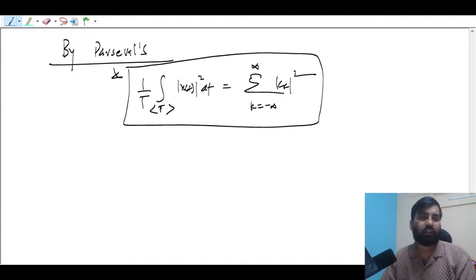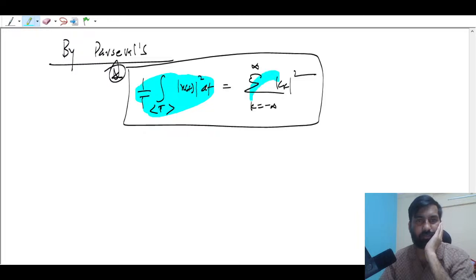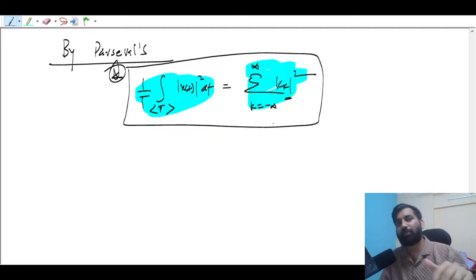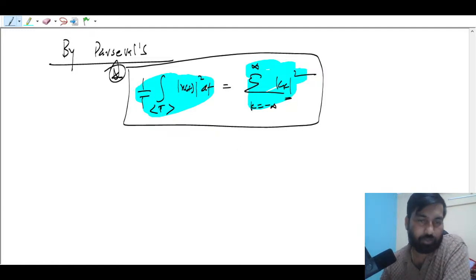So this is going to be the total power. So if you have been given a coefficient, you can find out the power that I have told you. So before finding the power, you need to square the coefficient, right?